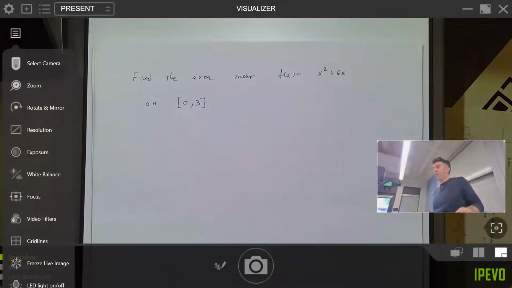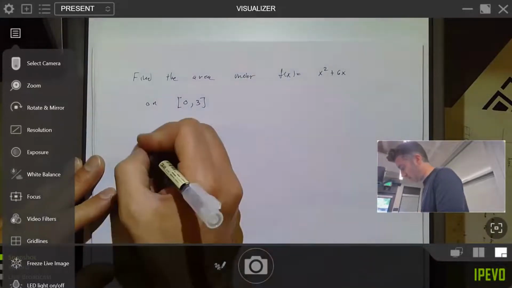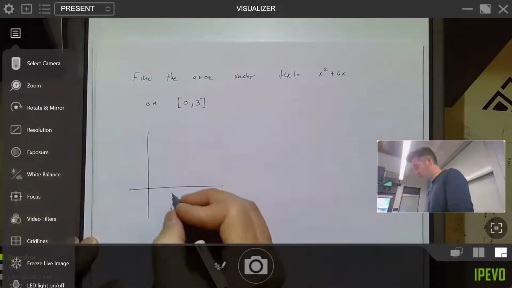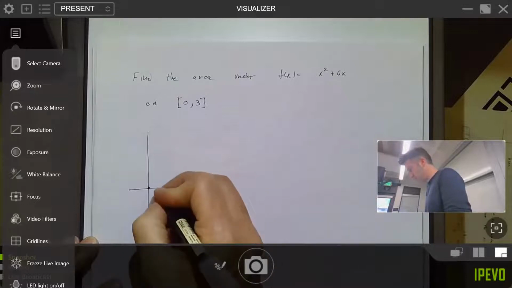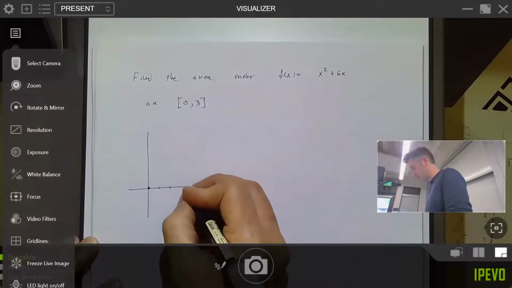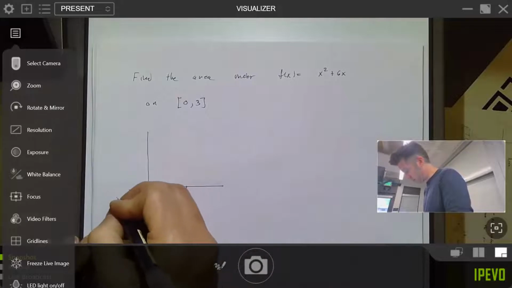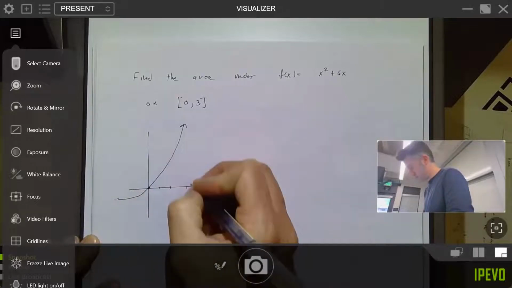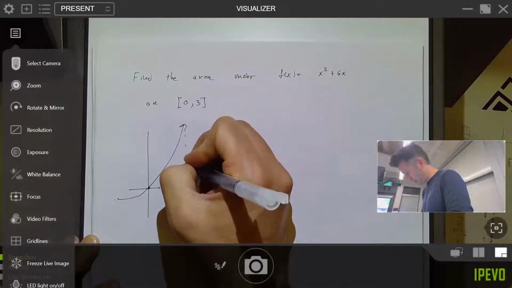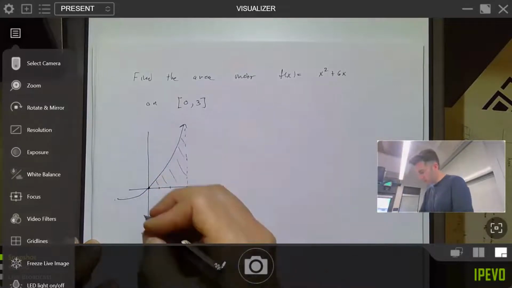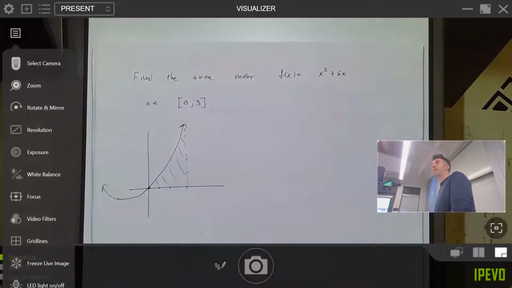We don't have to draw it, but if you did draw it, it would look like, well, if x is 0, you get 0. If x is 1, you get something. If x is 2, right? So it's looking probably like this. So we're looking at this kind of area here. And there's the rest of the parabola over here. I don't really care about that, but that's kind of the area under this curve.